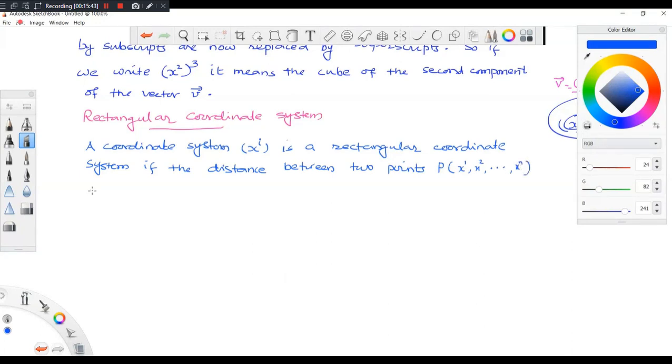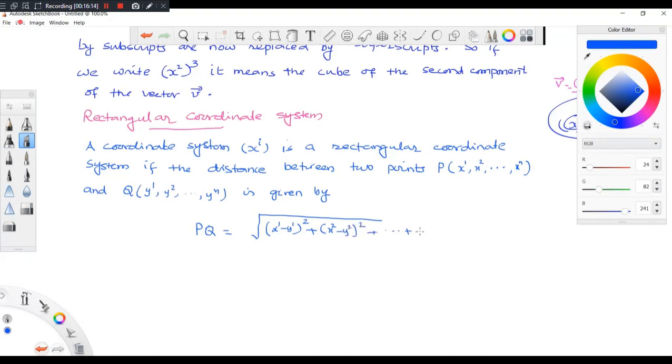And another point in the n dimension, Q, let me call it as y1, y2, etc., yn. In the rectangular coordinate system, the distance PQ is given by the distance formula. What is that distance formula? It is square root of x1 minus y1 whole square plus x2 minus y2 whole square plus etc., xn minus yn whole square.